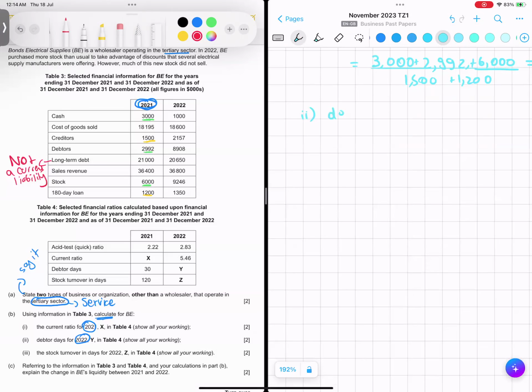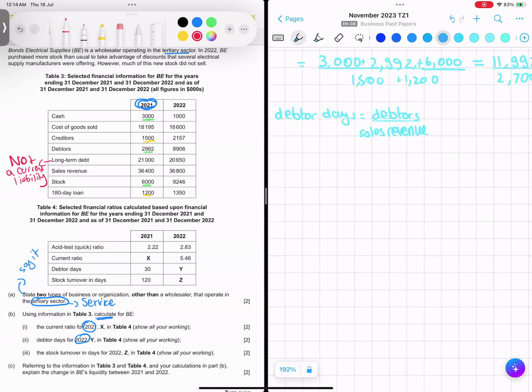So debtor days, but since we have the word days, which is crucial, we have to multiply by 365 because we have 365 days in the year, right?